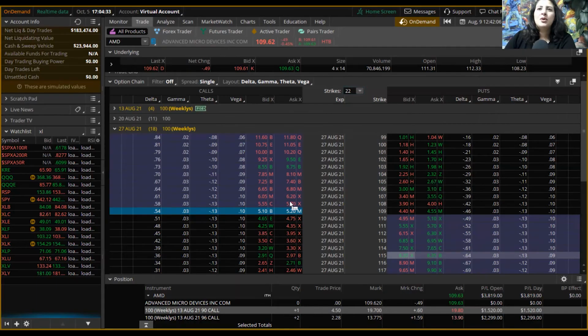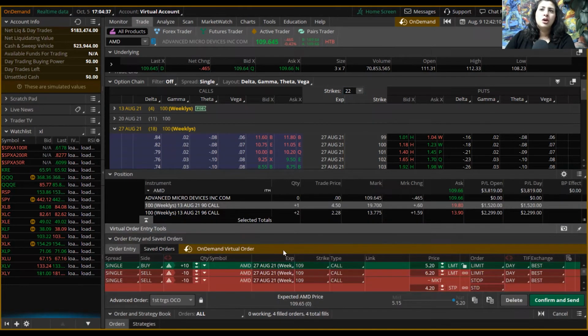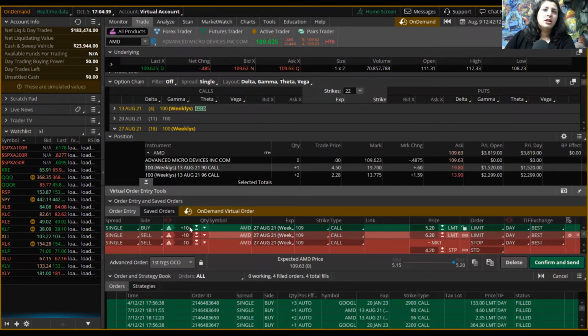Yep. So if you right click, buy custom, you can do this OCO bracket. The top one is to buy, and you put in whatever your limit order is. The first option they give you is your profit trigger. Let's say, for instance, you want to capture a dollar move. So you would say that when the value shifts to $6.20, then close me out.